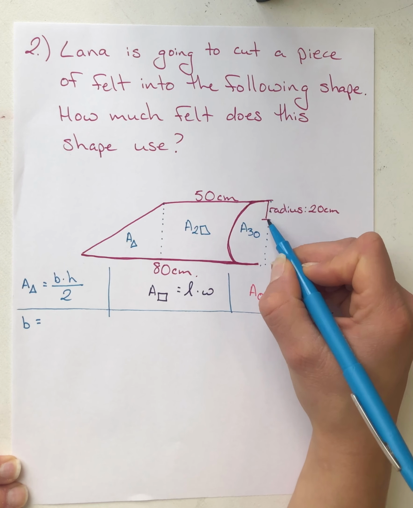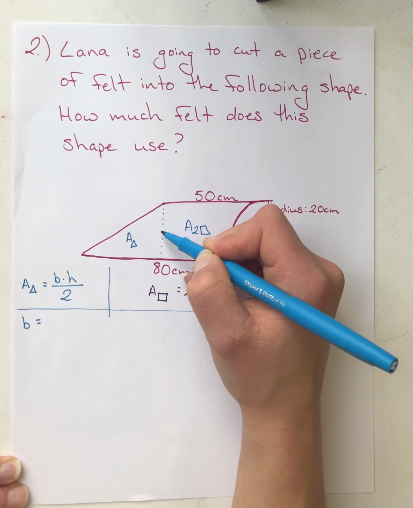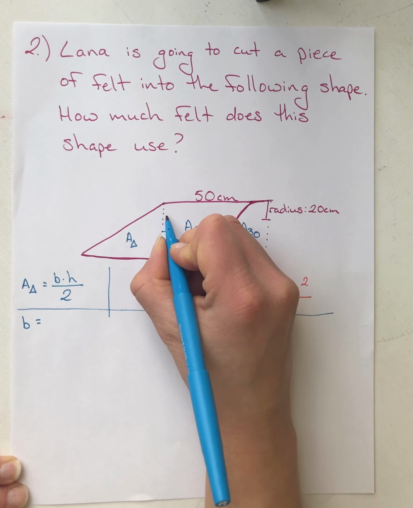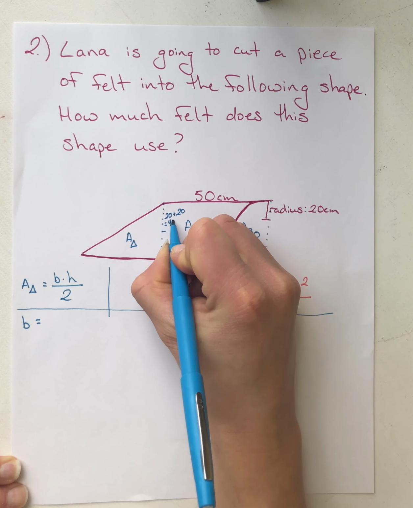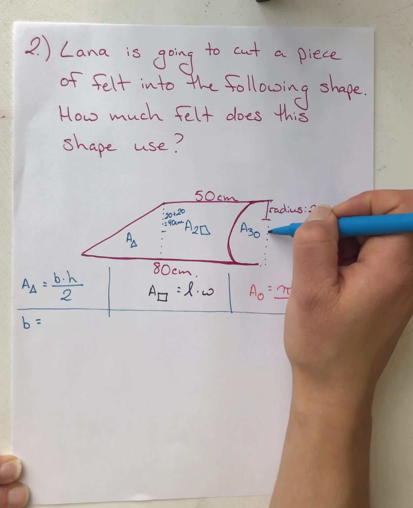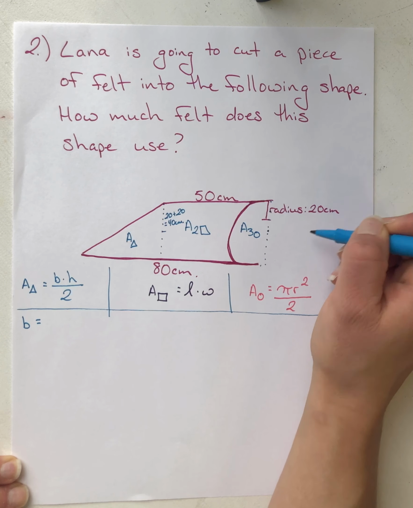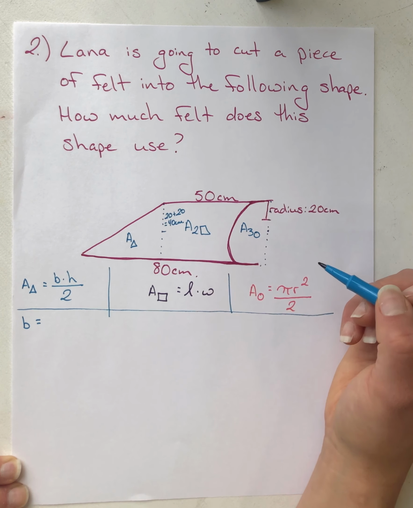Our radius is 20 centimeters, which means half of this is 20 centimeters. So for us to get the full thing, we're going to do 20 plus 20, which gives me 40 centimeters. You guys see how I got that? Half of this side is 20 centimeters, so we just need to double it to get the full length of it.